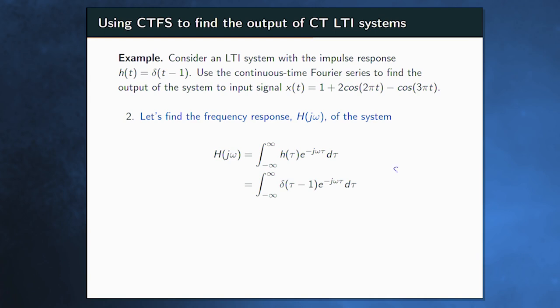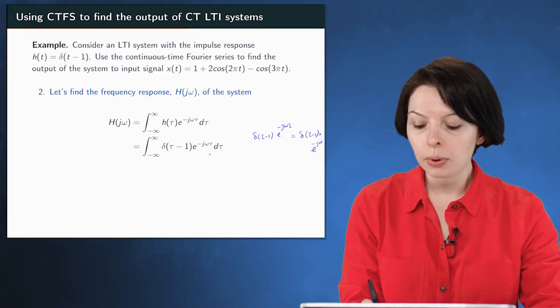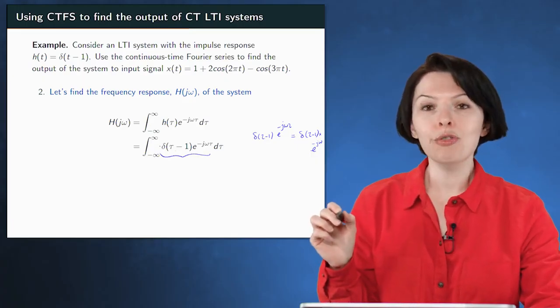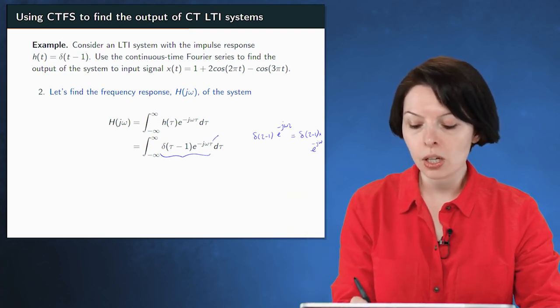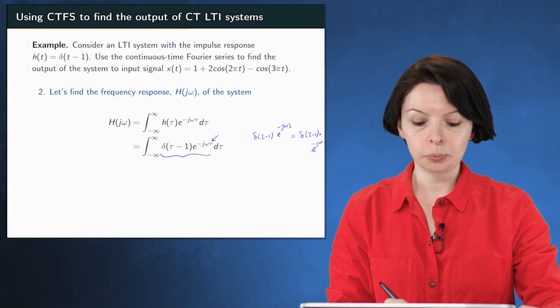If you remember, delta of tau minus 1 e to the minus j omega tau is equal to delta of tau minus 1 multiplied by e to the minus j omega multiplied by 1, because delta of tau minus 1 is 0 everywhere other than tau equal to 1. So I can replace this one with delta of tau minus 1 multiplied by e to the minus j omega. I replace tau with 1.